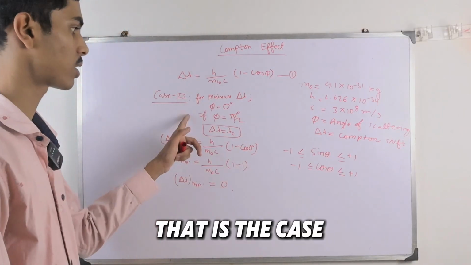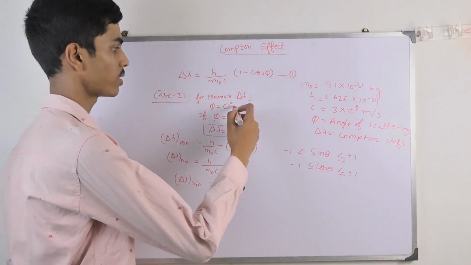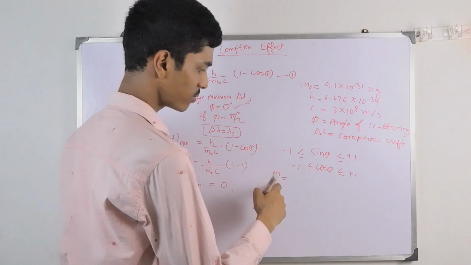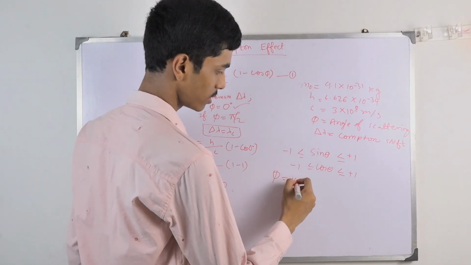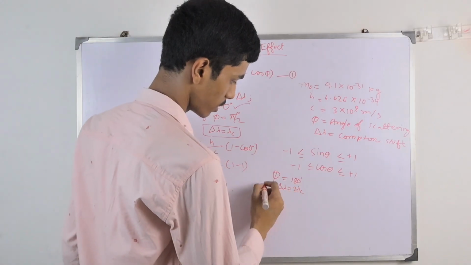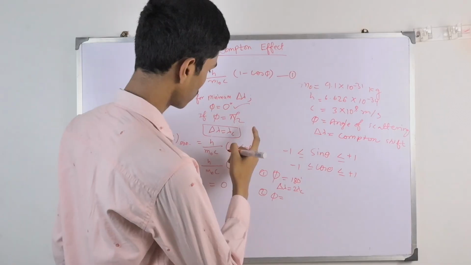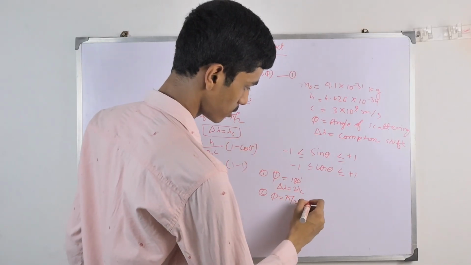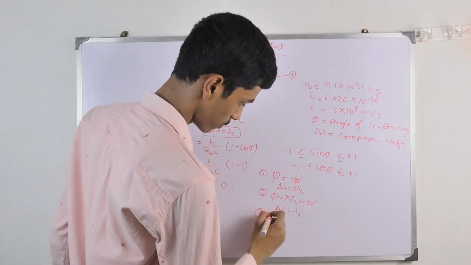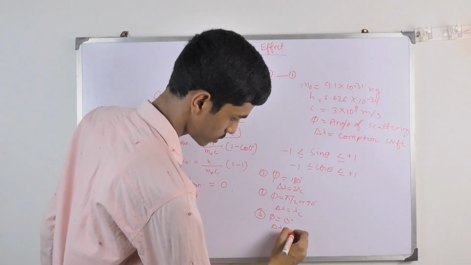That is the case, and we are getting del lambda minimum equal to 0 when phi equals 0. Earlier we derived that when phi equals 180 degree, del lambda equals twice lambda c. When phi equals pi by 2 or 90 degree, del lambda equals lambda c, and when phi equals 0 degree, del lambda becomes 0.